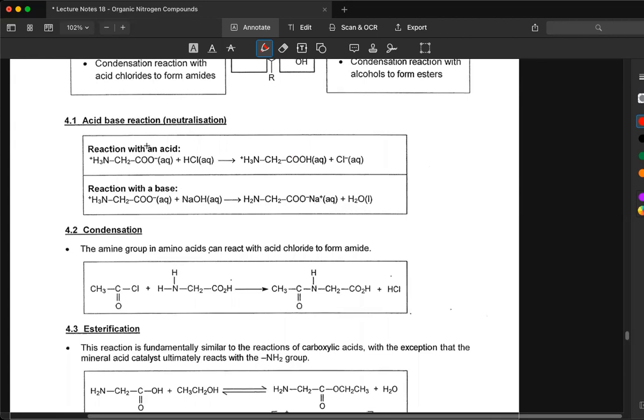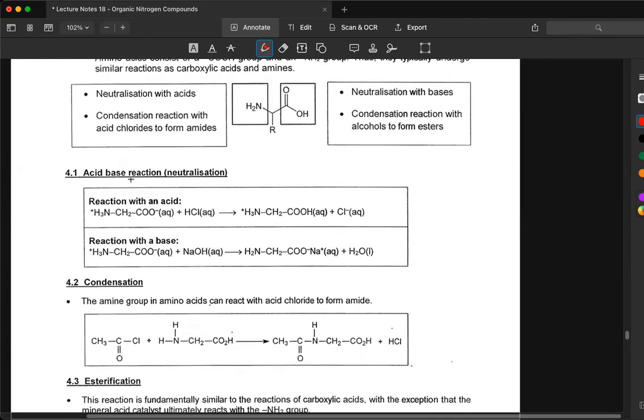So acid-base reaction, neutralization, we can have the amine part react with the acid to form the COO minus, the conjugate base. This will react with this to form COOH, and releasing the Cl minus.